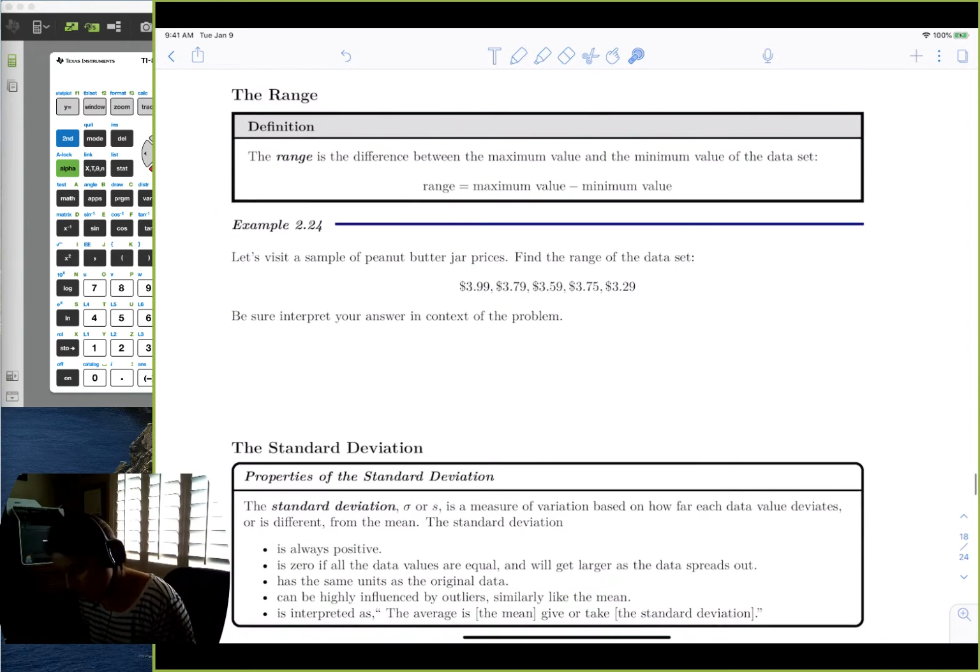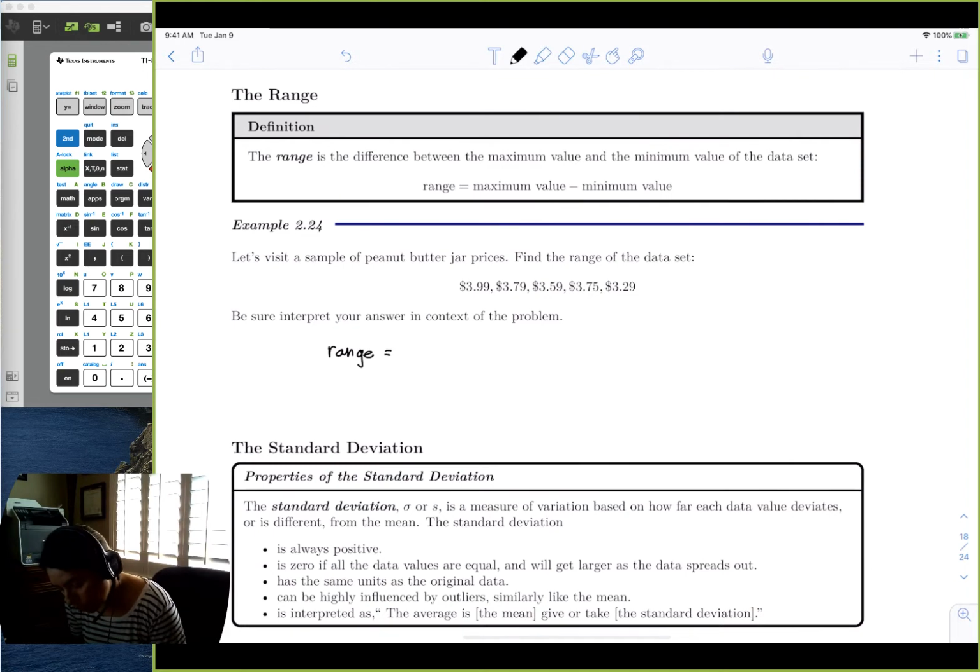So let's take a look at the range. Here are some peanut butter jar prices. The range of these will be just taking the most expensive jar, which is $3.99, and subtracting the least expensive jar, which is $3.29. So if I subtract these, I get 70 cents.